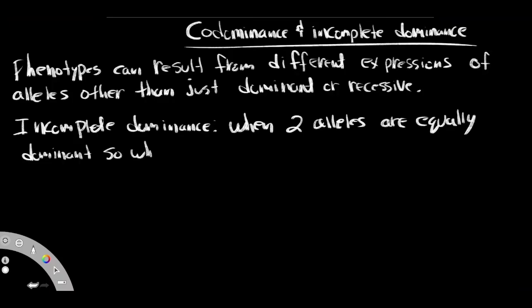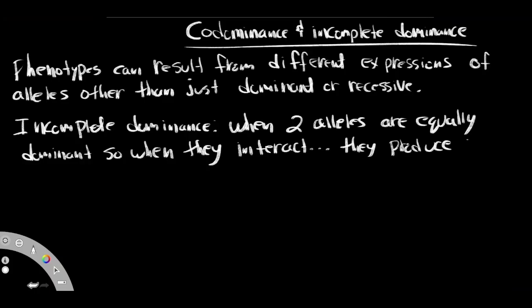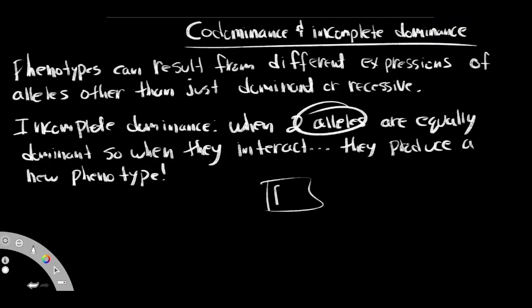So when they interact, this is the cool part, they produce a new phenotype. So what does this mean? It means that the alleles in question, those two letters that we always talk about, like big R, small r, are not completely dominant or completely recessive.